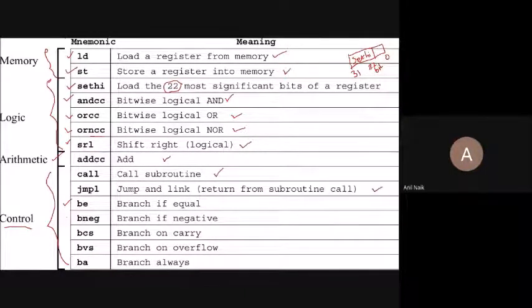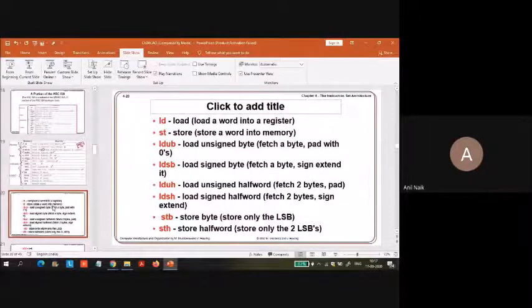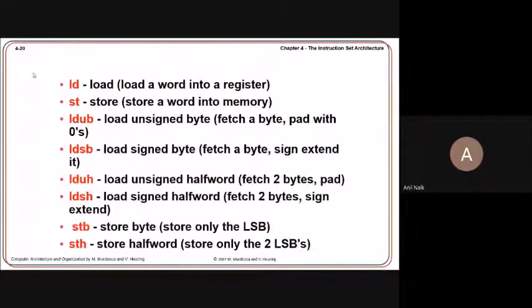This is very important from your exam point of view: the ARC assembly language instructions. So which are the types? Memory related instructions, logical instructions, arithmetic instructions, then control instructions.